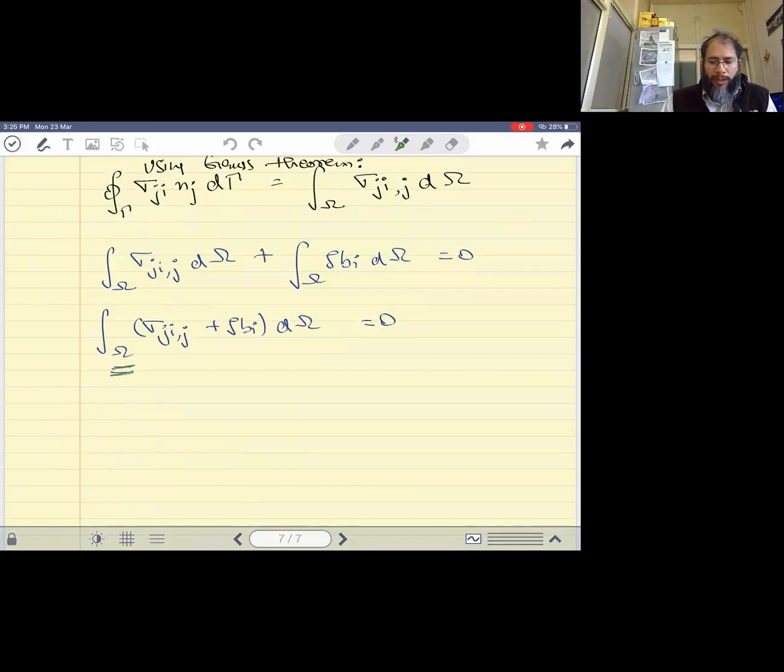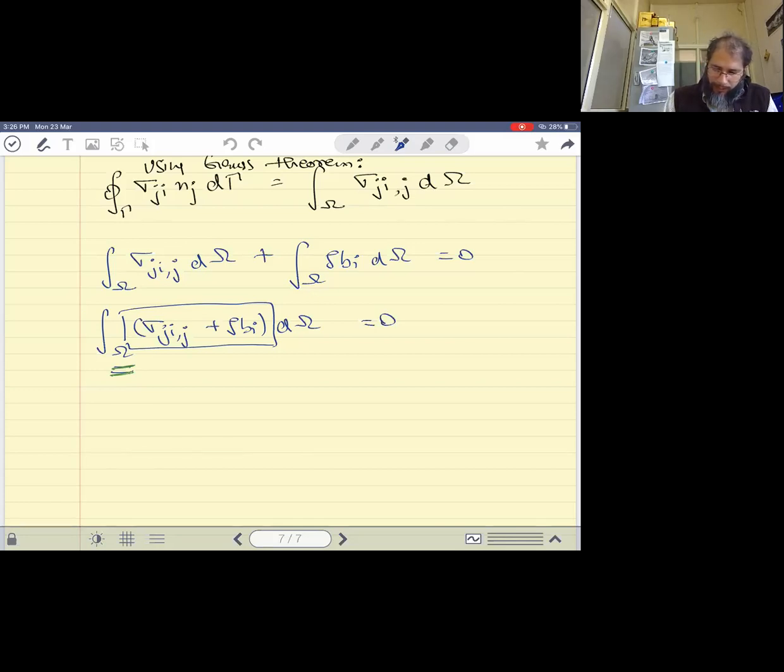What that means is that this term here has to be 0, because if the choice of omega is arbitrary, then the thing that is being integrated has to be 0 individually.